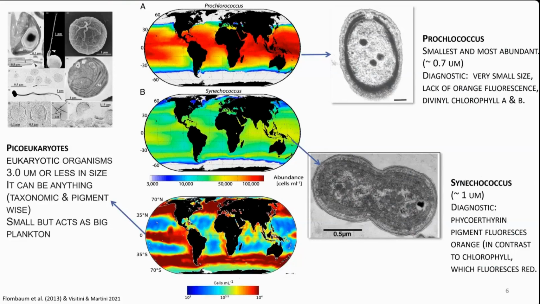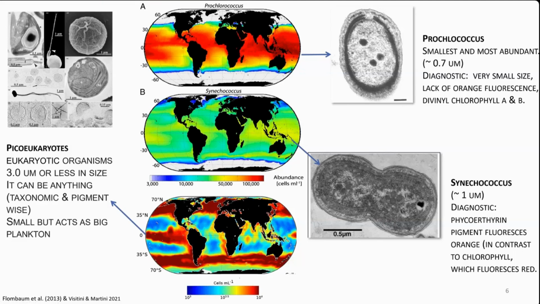Prochlorococcus, the smallest of the 3, has a really specific geographic location that is constrained by temperature. The second one, Synechococcus, still tiny but much more globally distributed, has a very specific pigment, phycoerythrin, that is sometimes visible, especially when there are large concentrations. And ultimately, picoeukaryote is really not a taxonomically specific group like Prochlorococcus and Synechococcus.